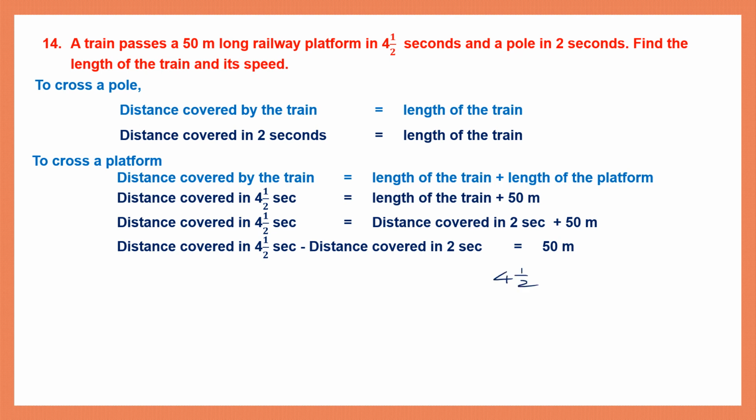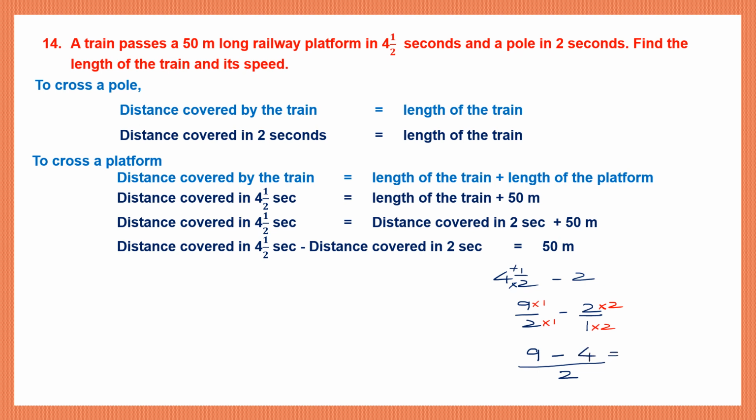4.5 minus 2. Let's convert this. 2 fours are 8 plus 1 is 9, so 9 by 2 minus 2. Let's give this the denominator 1, and here our LCM is 2. 2 ones are 2, so 9 ones are 9. So this is 9 minus, here it is 1 into 2 is 2, so 2 into 2 is 4.